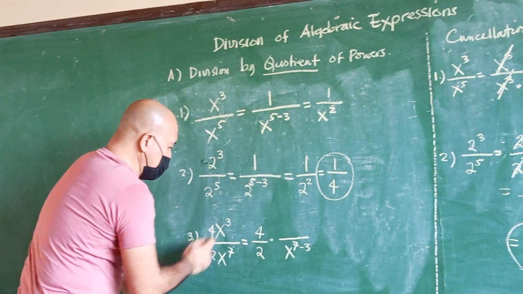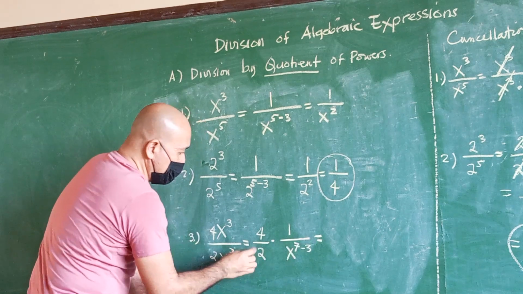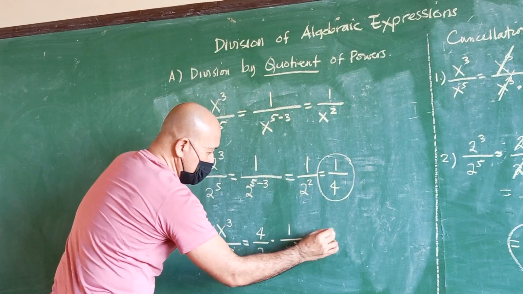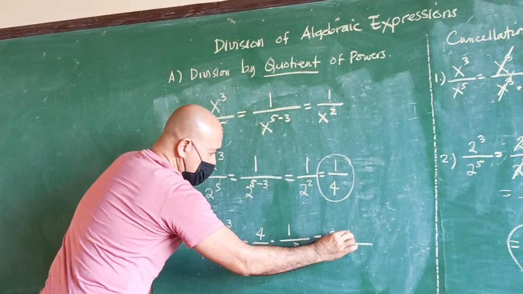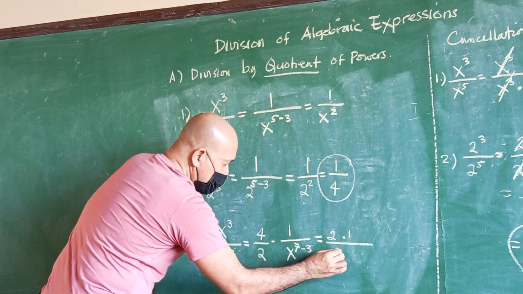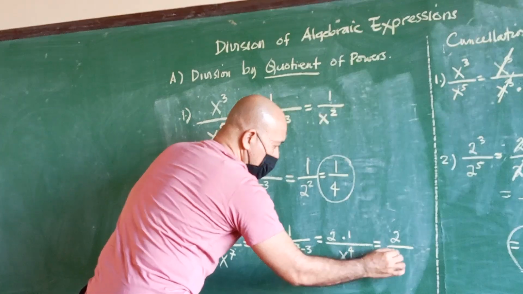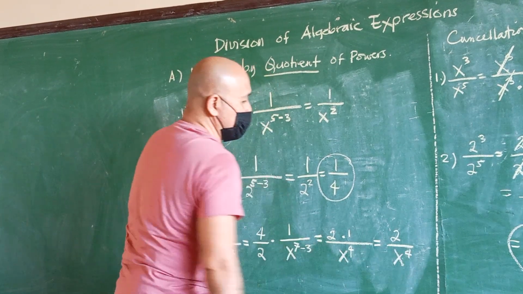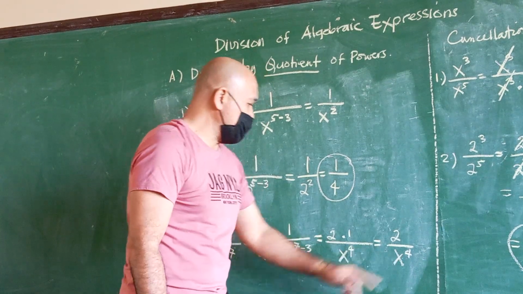And for this variable part, what remains here is 1. For 4 divided by 2, that is equal to 2, and since 4 is in the numerator, your answer must be in the numerator also. Times 1 over x raised to the power of 7 minus 3, that is x raised to the power of 4. Your final answer is 2 over x raised to the power of 4 here.